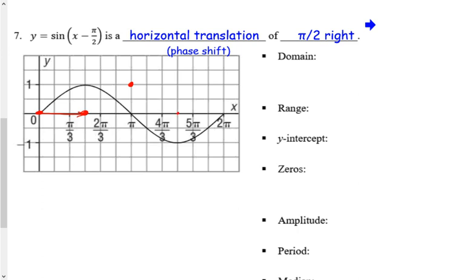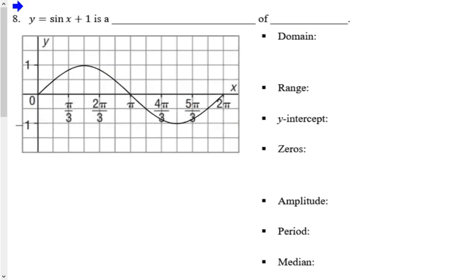My next point on the center line, 3 to the right. My minimum, 3 to the right as well. And then if I use this pattern, I can predict what's going to happen for that section of the graph that I didn't draw, which is that I'll need to have a minimum here, which is part of the graph that shifted over as well. Okay, and those descriptors I'll let you look at in a little bit.